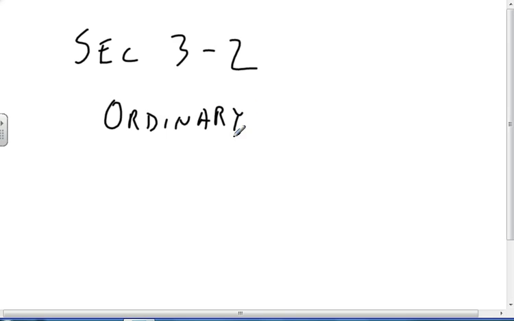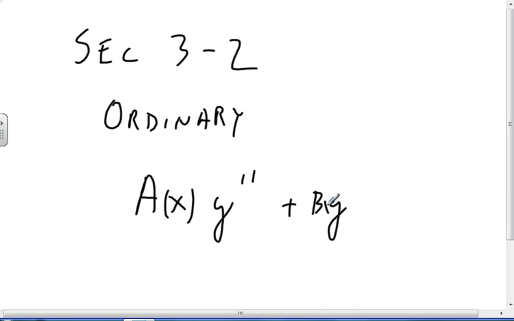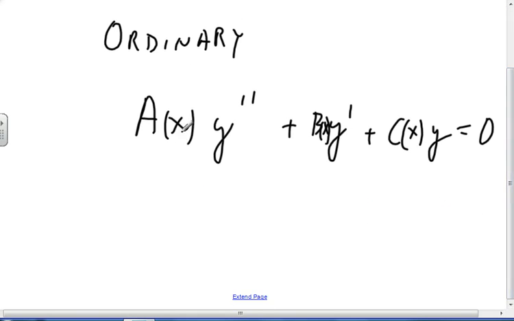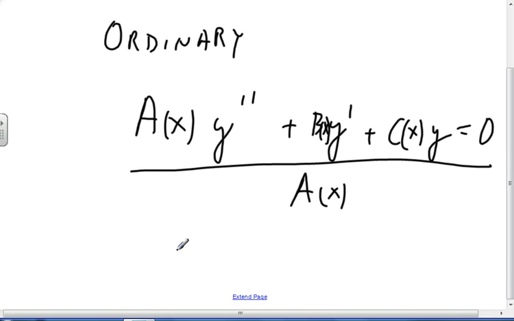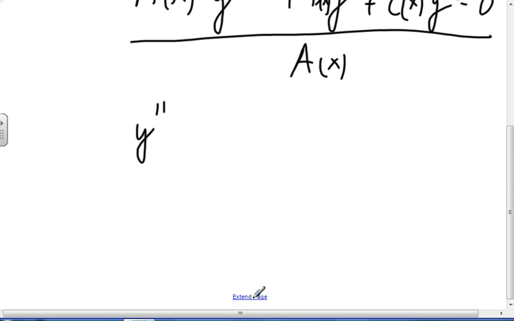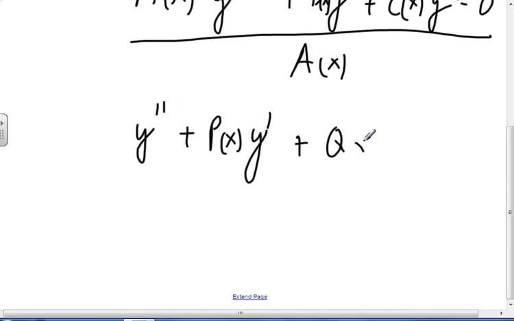Well, if we have a differential equation a(x) y double prime plus b(x) y prime plus c(x) y is equal to something, 0 would be nice, and we rearrange that, dividing everything by a of x, we have y double prime plus p of x y prime plus q of x y is equal to 0.